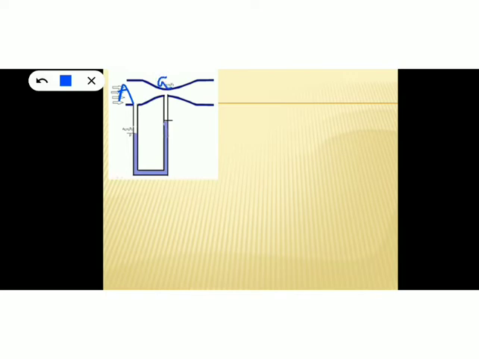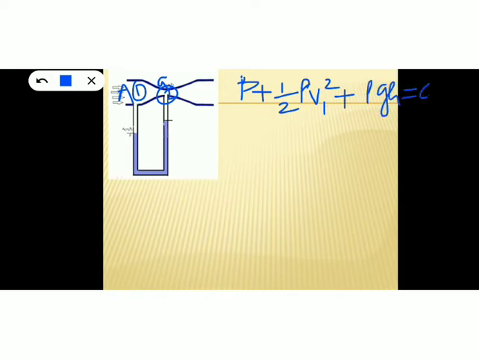Now we can apply Bernoulli's principle at region 1 and at region 2. According to Bernoulli's theorem, P plus half rho V square plus rho g h equals a constant, isn't it?